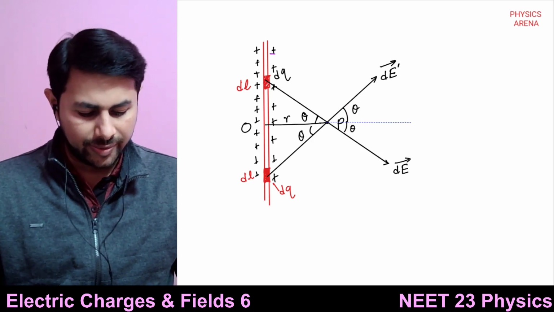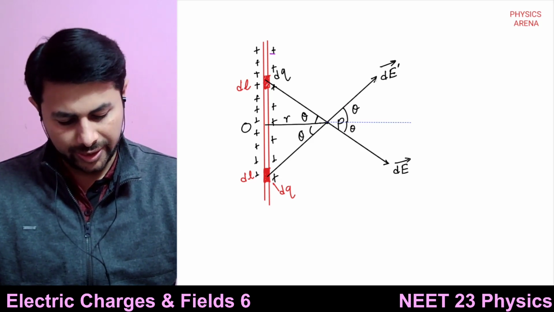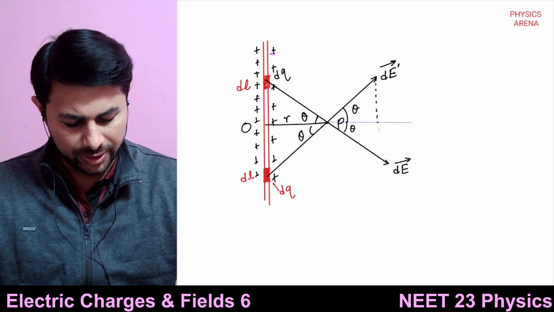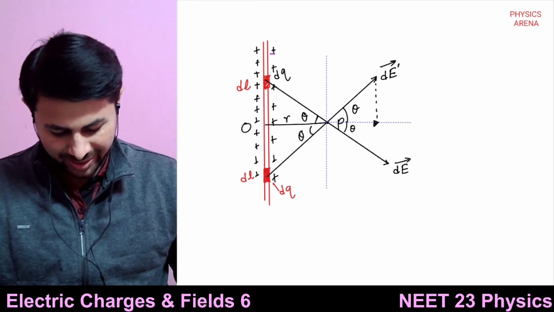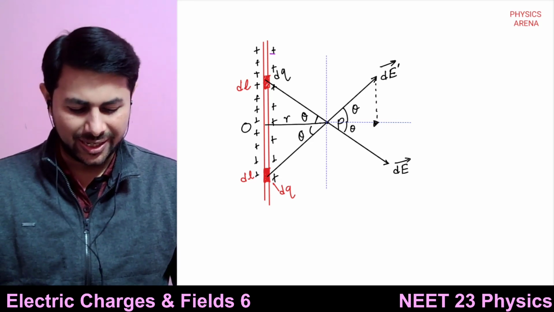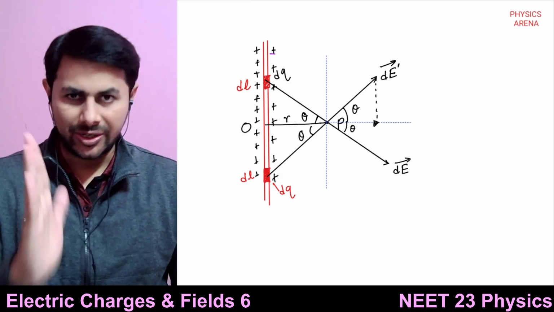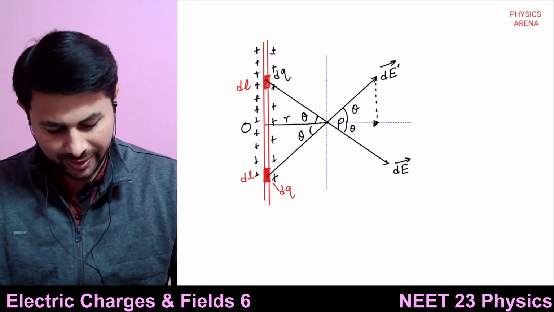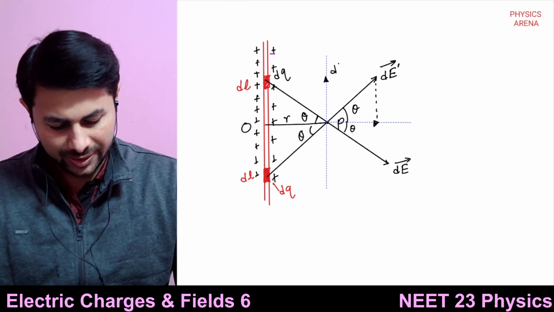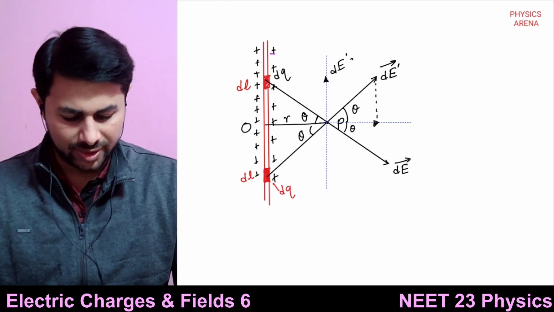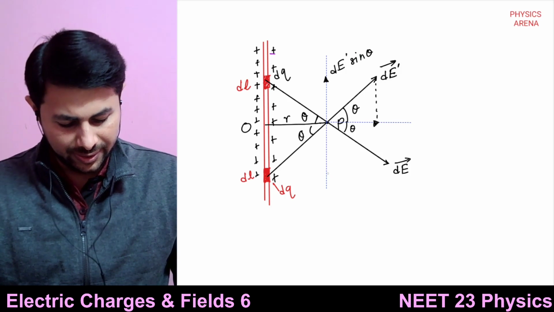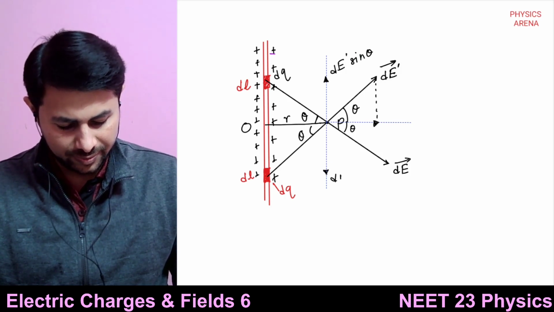So we can resolve dE bar dash and dE bar. So what do we get? If we resolve them, the components of dE bar and dE bar dash which are directed in the vertical direction will be dE dash sine theta and dE sine theta.